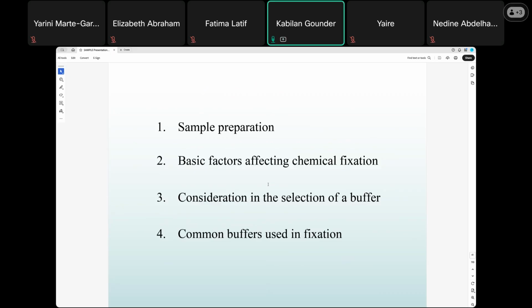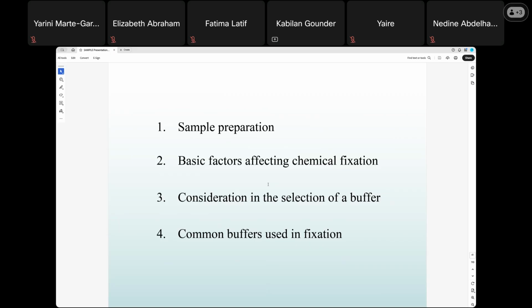So to achieve this, how can you do it? One is sample preparation: how can you prepare the sample to get a better image?